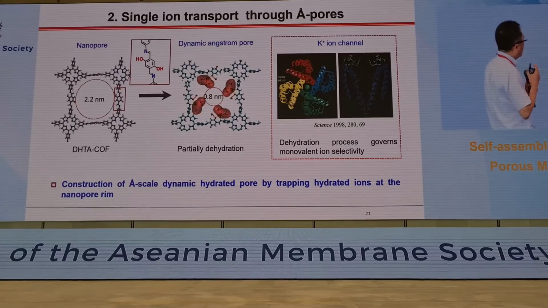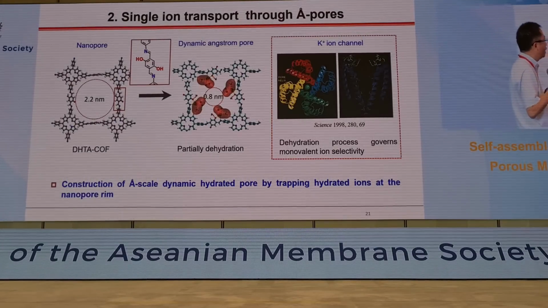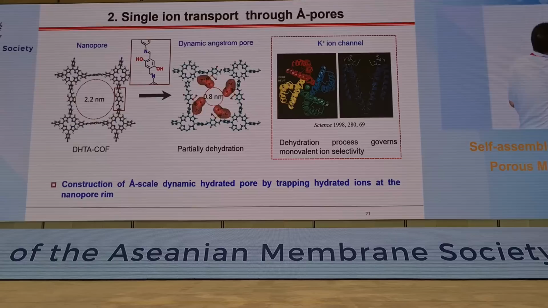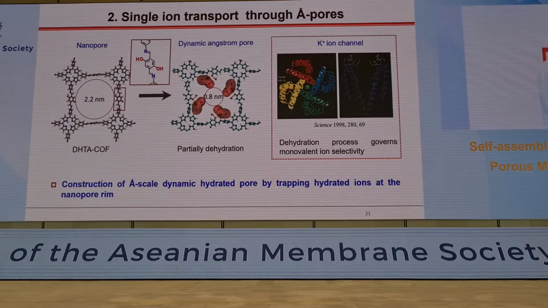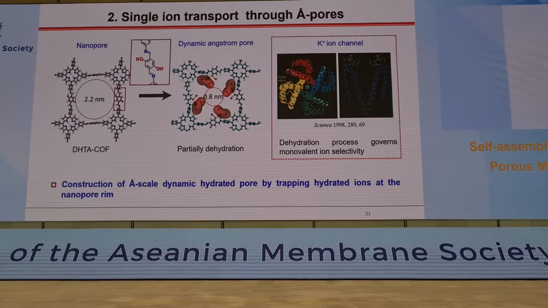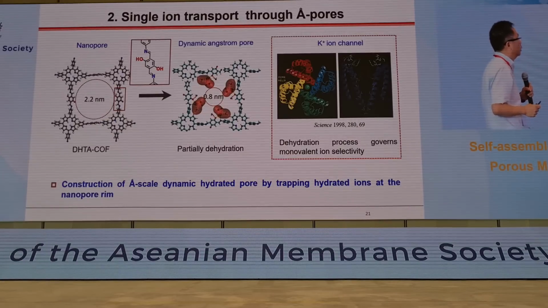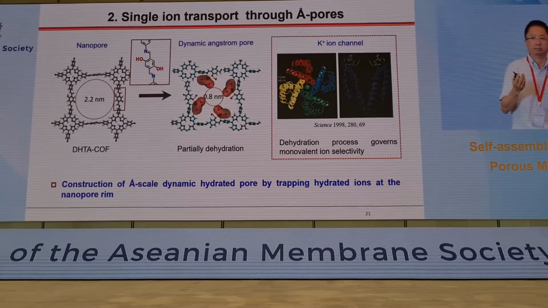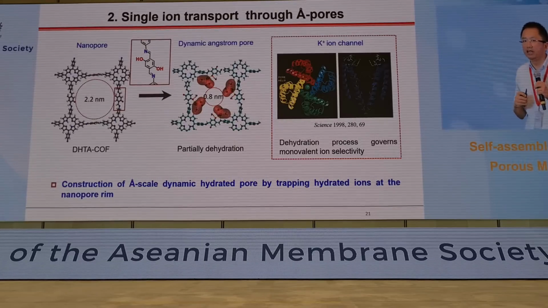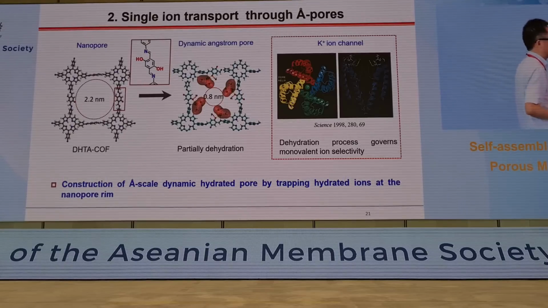Next, we constructed Angstrom scale dynamic hydrated pores by trapping hydrated ions like potassium, sodium, and lithium inside the pores. We found a new transport mechanism totally different from biological channels.